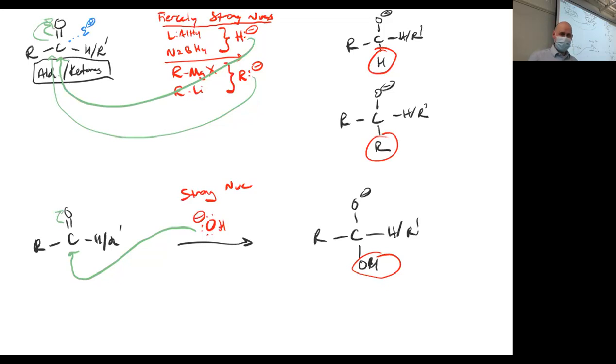That's the reason why these guys go forward. With this reaction, we're starting off with an O minus and we're ending up with an O minus. What's more stable? It's a trick, it's about the same. So entropically, it's not favorable to put multiple molecules together if there's no other reason that they should be. So really what happens is this ends up being a pointless slingshot where you kick electrons up to the O and they just come back down and kick back off what you started with.